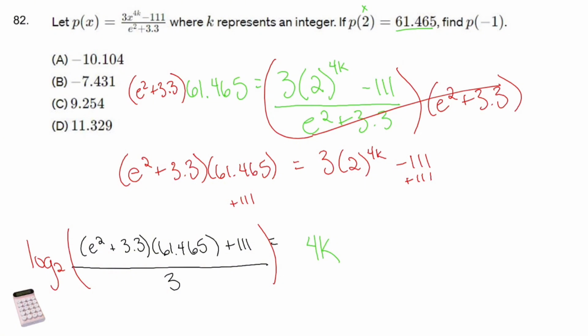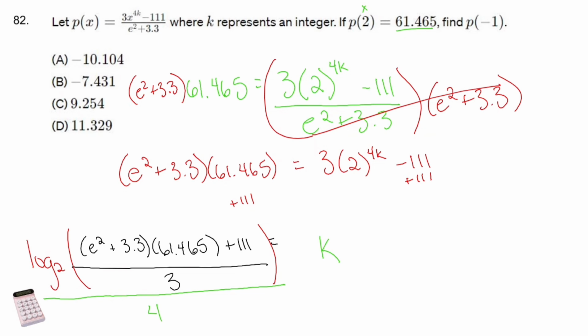And if you're like, oh boy, are we done yet? No. Now I take this whole thing and divide it by 4 because I have to divide this by 4 to get k all by itself. So after all of that, I'm going to pray to the God that I serve that I type this whole thing into my calculator correctly. That'll give me k. And if you're like, hooray, then we're going to be done, right?